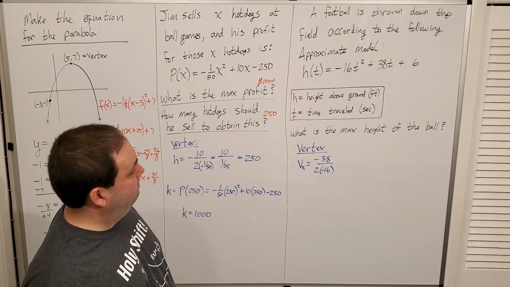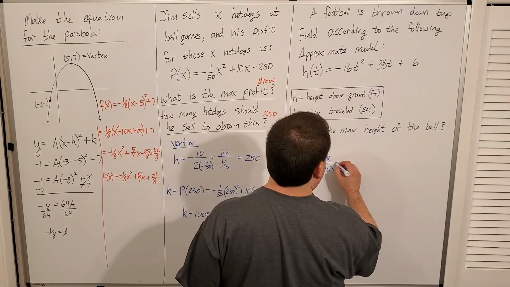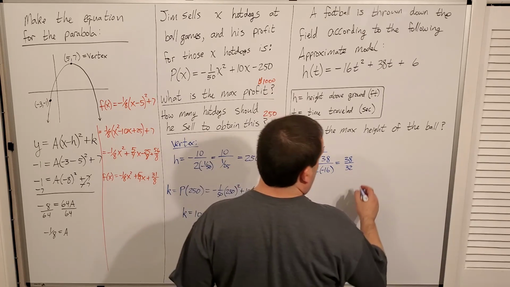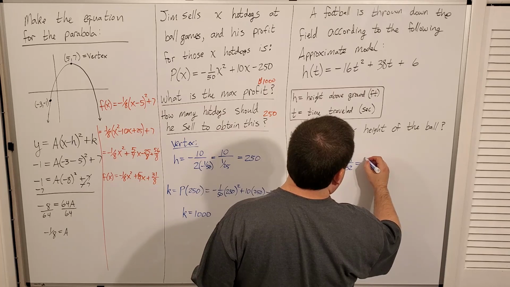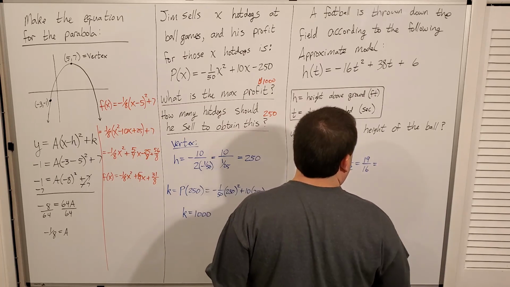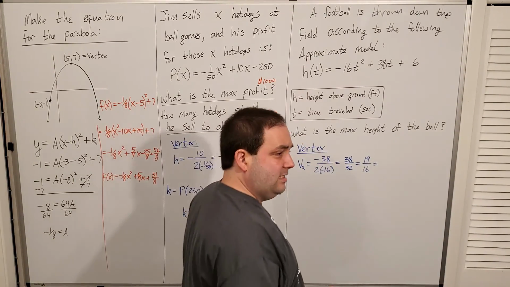Okay? So that's 38 over 32, which I can reduce a little bit, right? That would give me 19 over 16, which is 1 and 3/16.